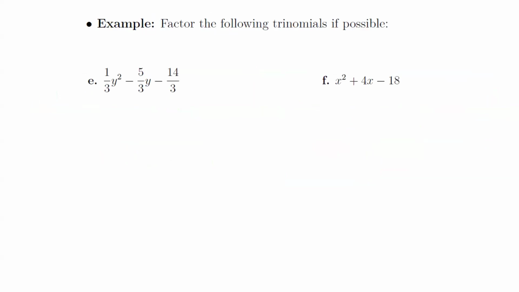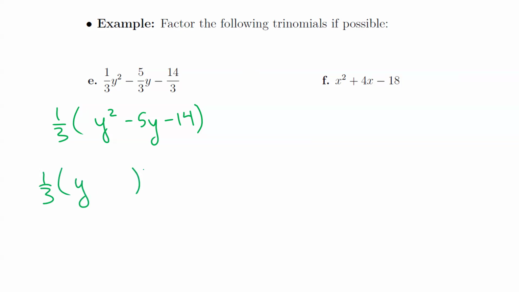All right, part E might throw you a little bit at first. Is there easy factoring that can be done here? Well, sure there is, right? We saw this in our greatest common factor video where if you have the same denominator throughout every term, go ahead and pull that denominator out. And that leaves you with something that looks a lot like the things we've been able to factor through this reverse foiling process.